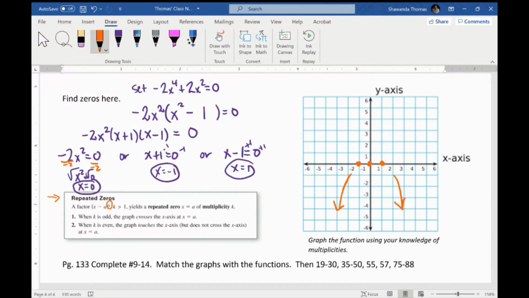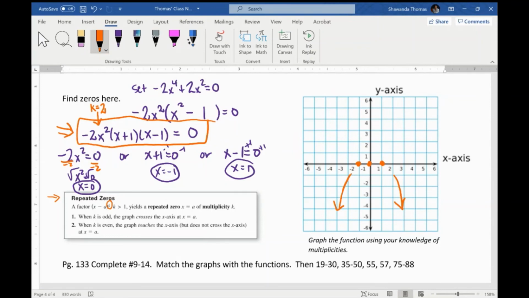So where are our factors? Our factors are here. Let me put a rectangle around our factors. All right. So we have this first one here. What do you think k is? That's a guess. It is the exponent. What do you think k is? 2. Is that an even or odd number?